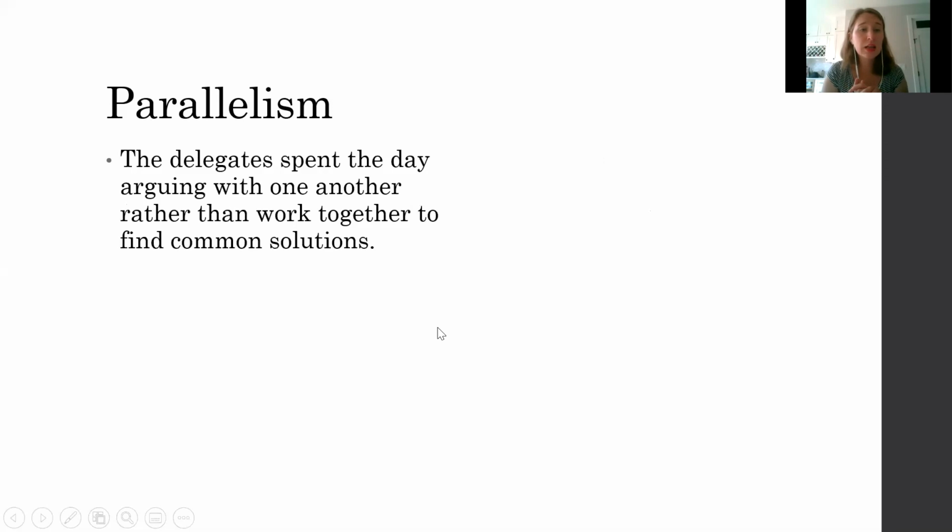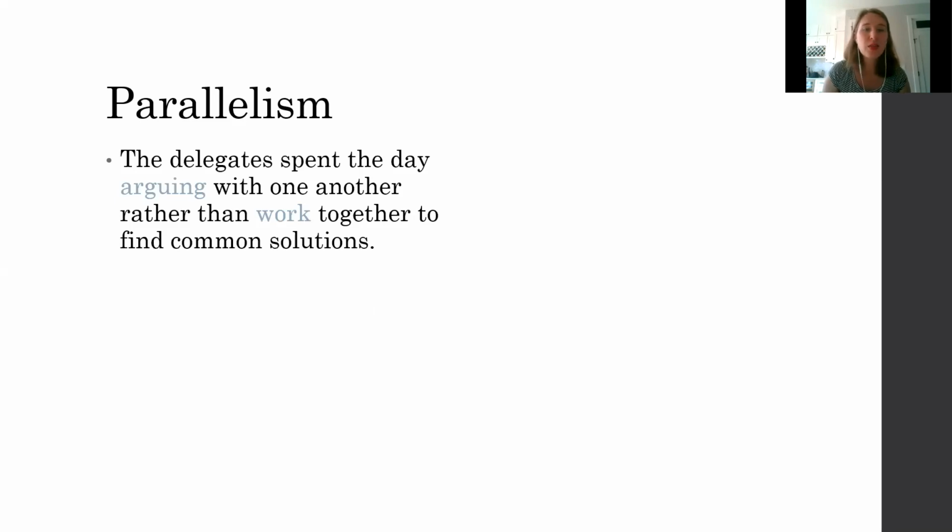Here's another one. The delegates spent the day arguing with one another rather than work together to find common solutions. If you're a native speaker, you probably even heard me hesitate as I got here because it's hard to actually say this one as non-parallel, but it's very easy to write. So you'll notice that I have "arguing" and "work." The delegates spent the day arguing.